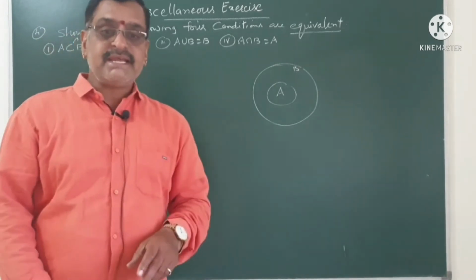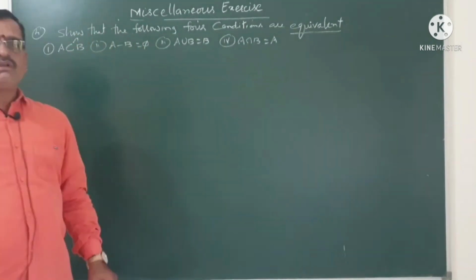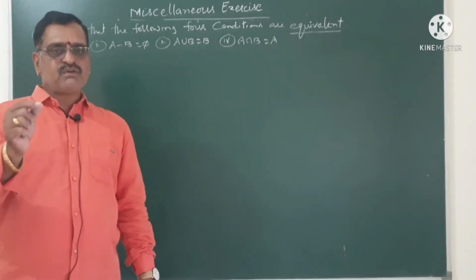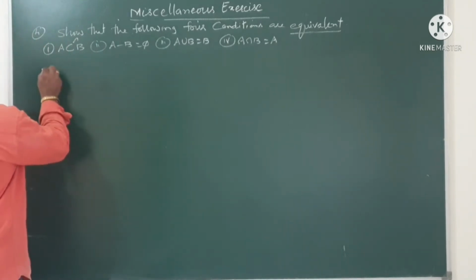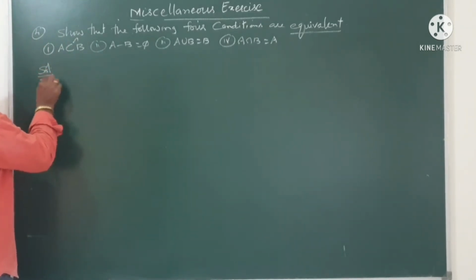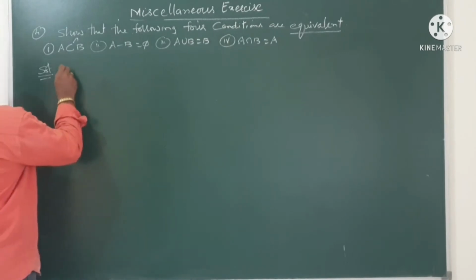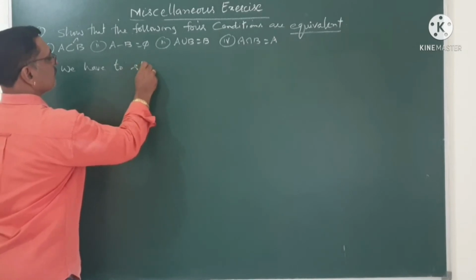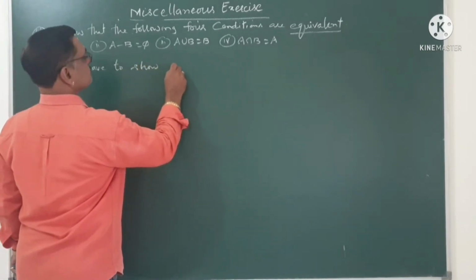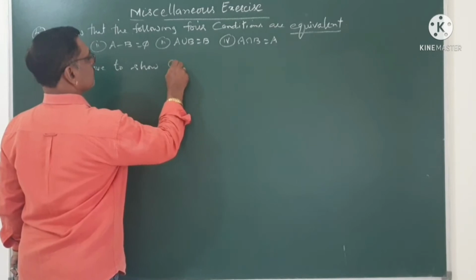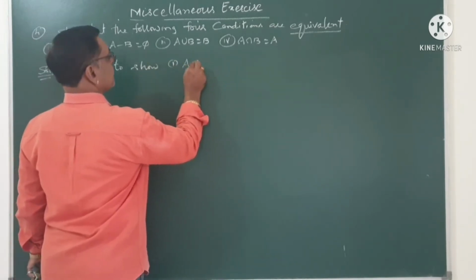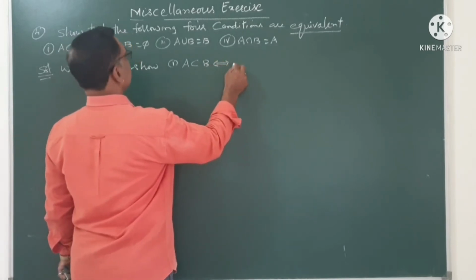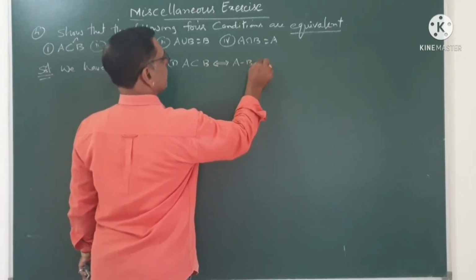But you don't get any appreciation if you do examples. We need to follow element-wise proof. What we need to do? We have to show, number one, A is subset of B implies and is implied by A minus B is equal to phi.